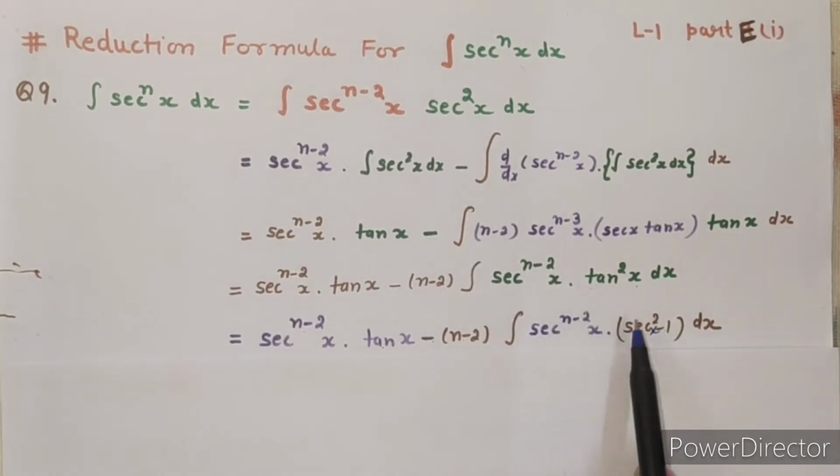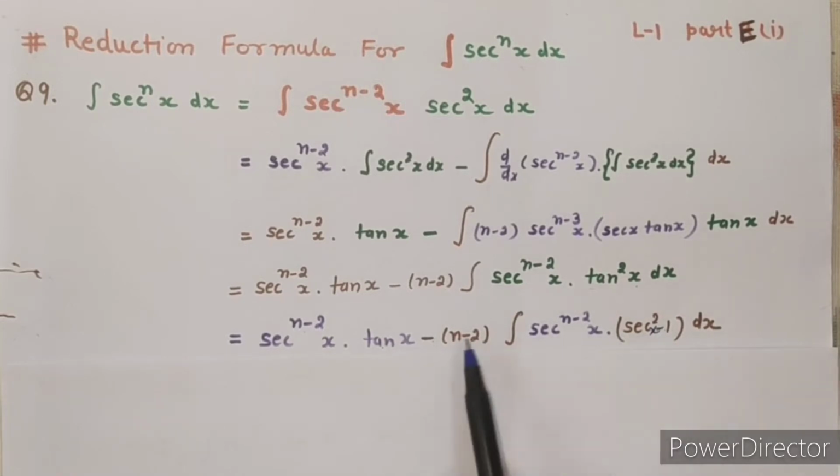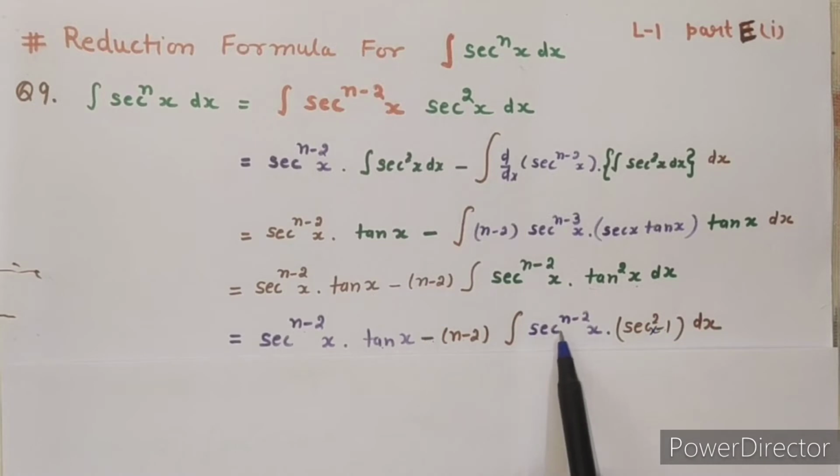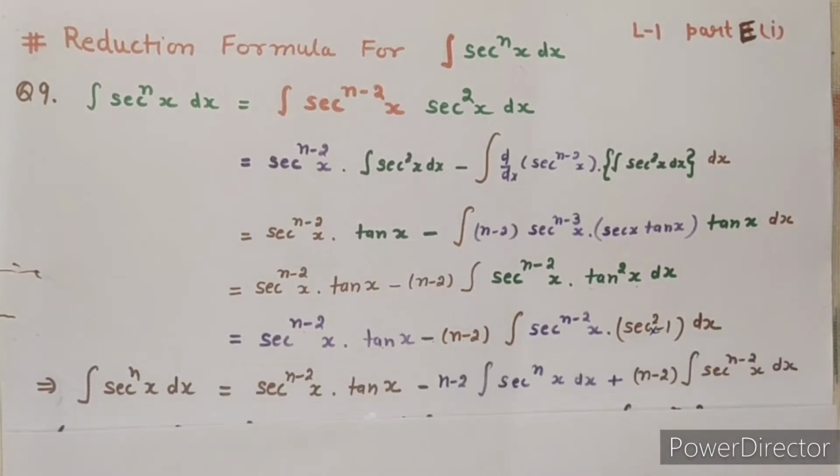Now you can multiply this with this term and this with this term. This minus sign becomes plus sign. So on multiplying we obtain this integral.